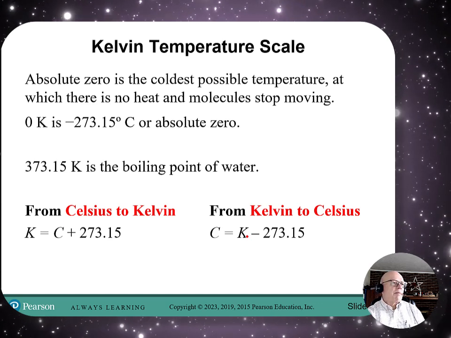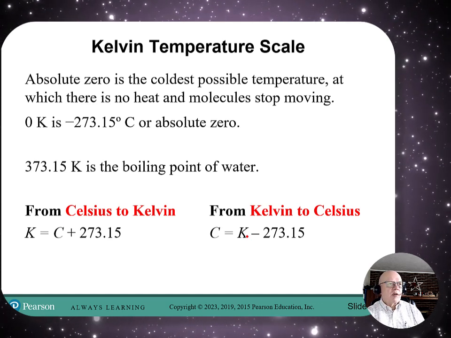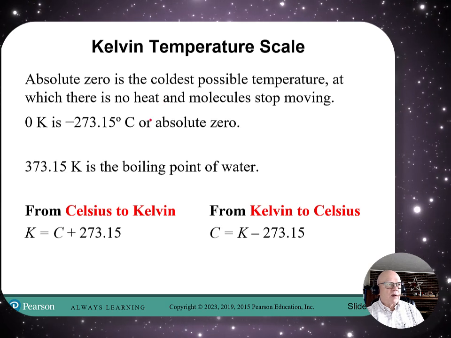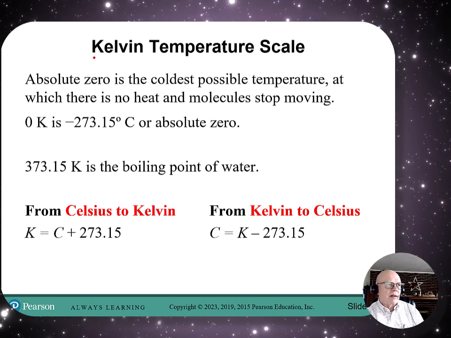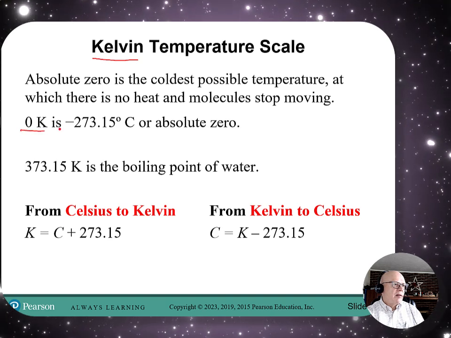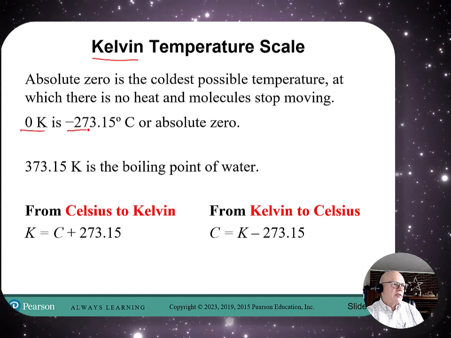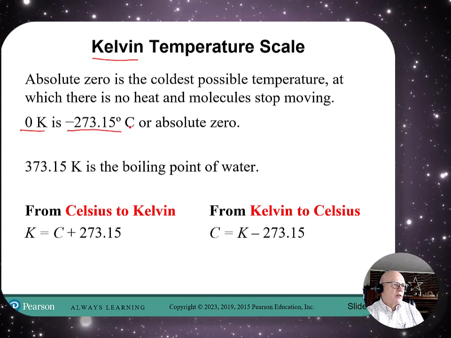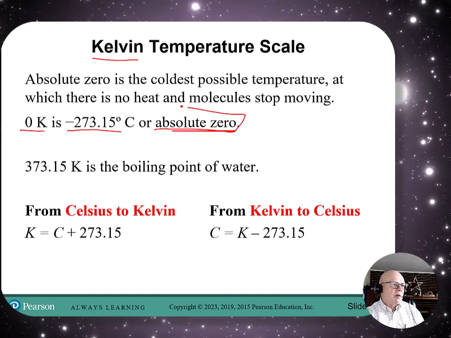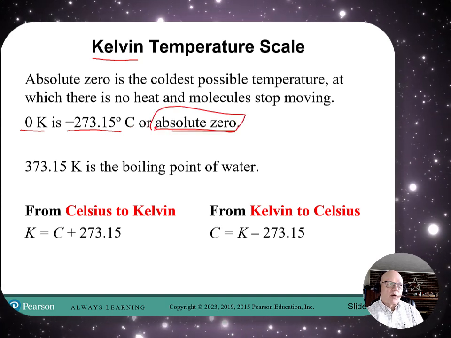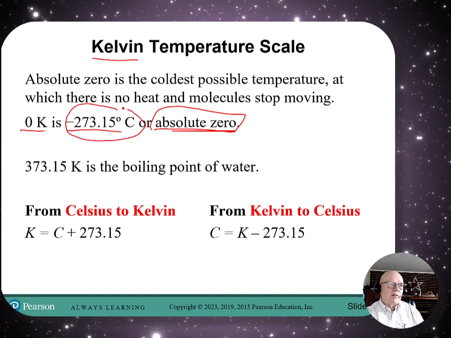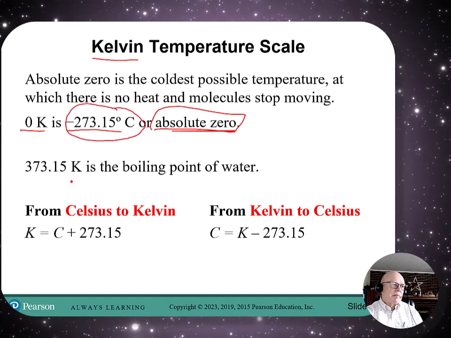Now, to wrap up things, there's also a third temperature scale. Actually, there's more than that, but the only ones we care about. Kelvin. 0 Kelvin is the same as negative 273.15 degrees Celsius. That's also called absolute zero. In other words, you can't get lower than 0 degrees Kelvin or negative 273.15 Celsius.